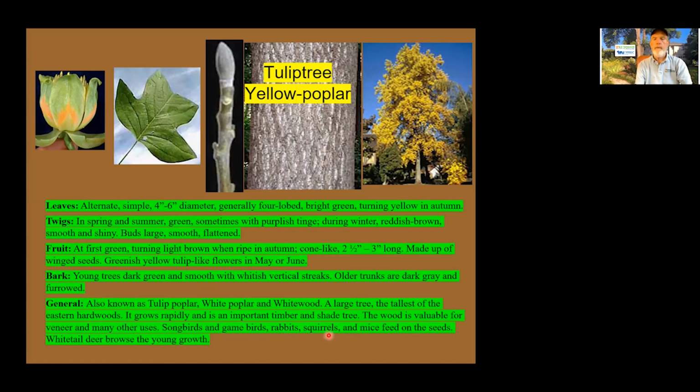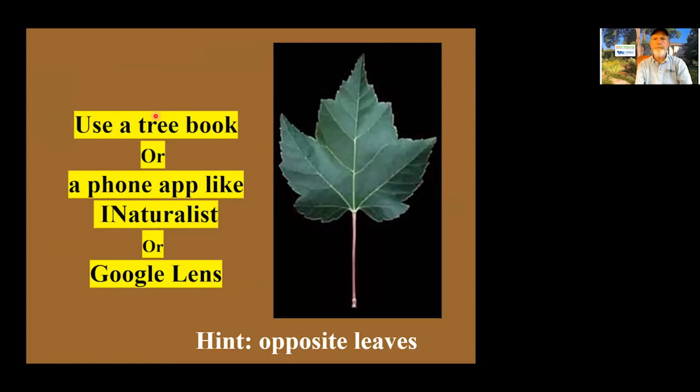Songbirds, game birds, rabbits, squirrels feed on the seeds, and white-tailed deer browse it. So you'd have to protect it if you had deer in your area, but it's usually a big, majestic tree. It's one of the first ones that turn a beautiful yellow in the fall, and it drops its leaves pretty quickly. But again, it's the tulip poplar, a very beautiful tree.